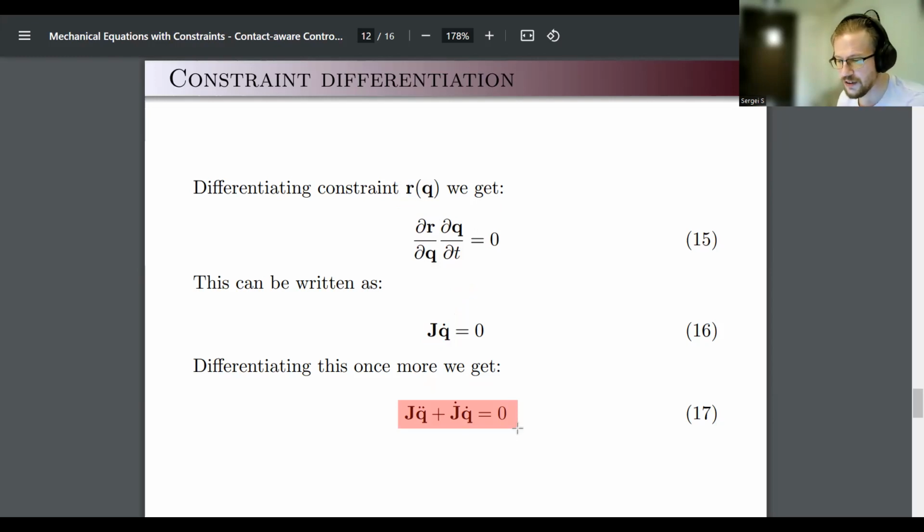You can think about it as representing a constraint on accelerations. So generalized accelerations have to abide by this constraint. Q double dot cannot be something that does not adhere to this constraint.